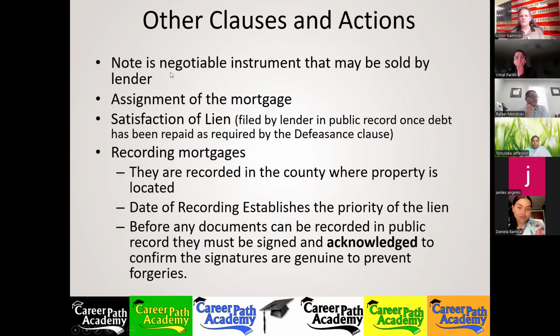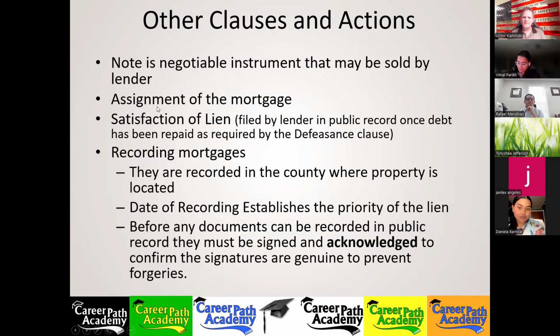So, a note is a negotiable instrument that may be sold by the lender. The note is the financing instrument. It verifies all the terms that you agreed to, right? Yes. So when the lender sells your loan, they're selling the note that you signed.